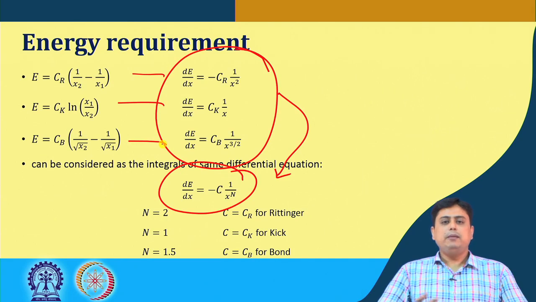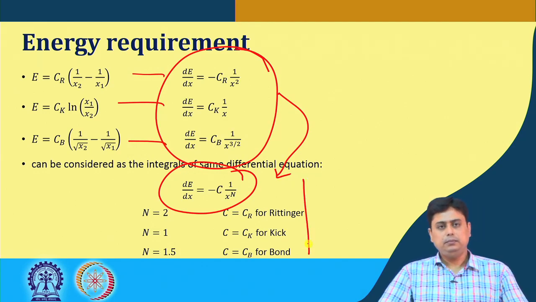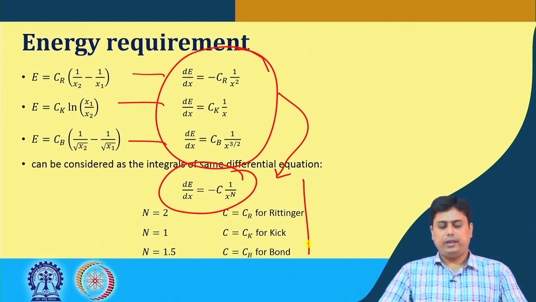So, it was an improvement of certain hypotheses, and with that we can say that the prediction of energy requirement for a certain design improves with these relations or expressions.